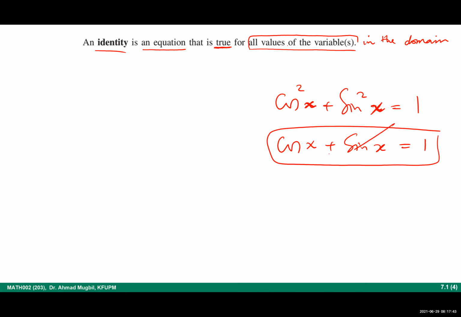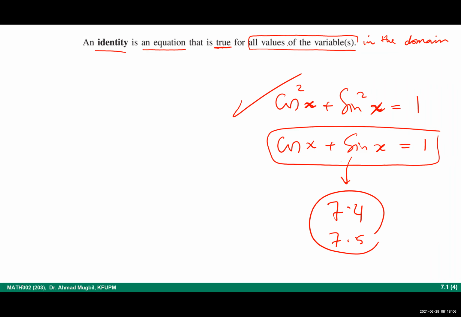No. This is not always true, ya shabab. This is only true for some specific values of x. Of course, we will wait until 7.4 and 7.5 to solve this equation.